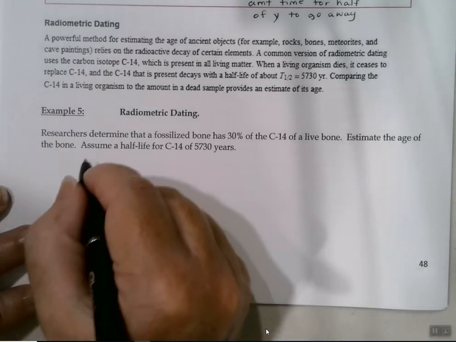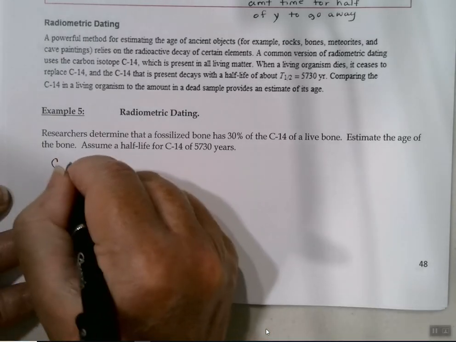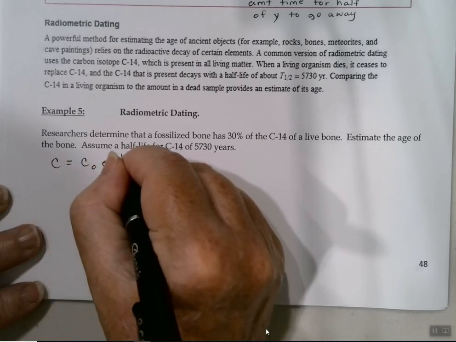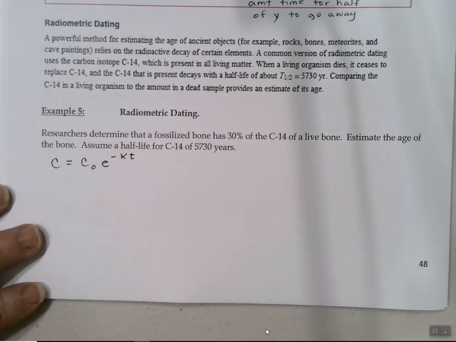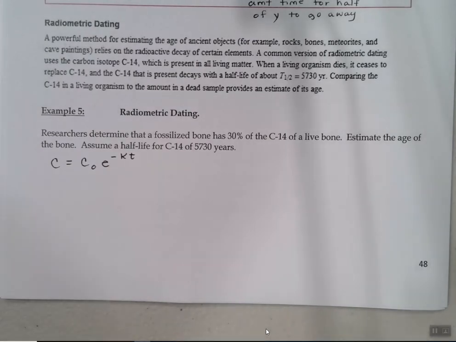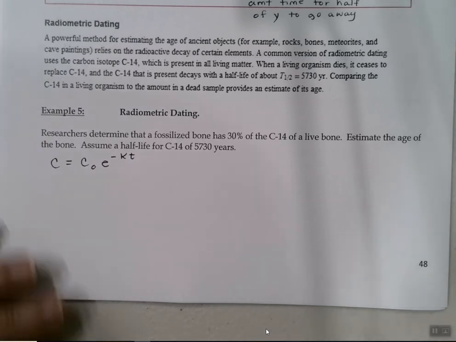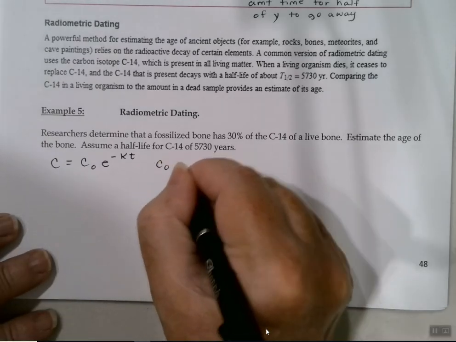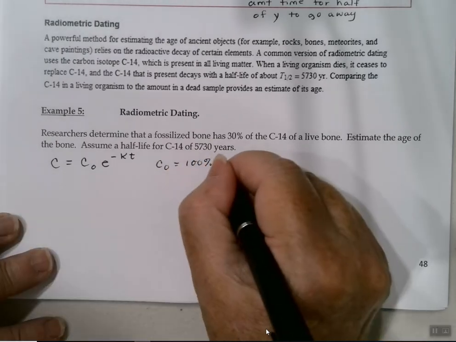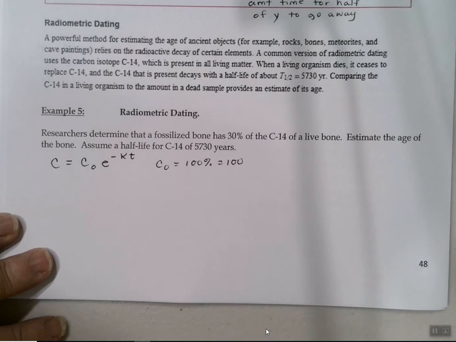Since we're talking about carbon-14, I'm going to go with C equals C naught e to the minus kt. Since we do have decay, we know our exponent's going to be negative. Right, first of all, C naught, we'd start with 100%. So C naught's 100.